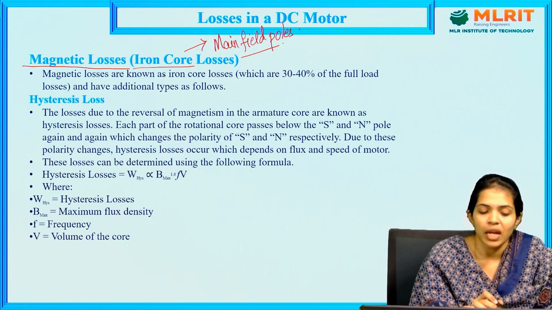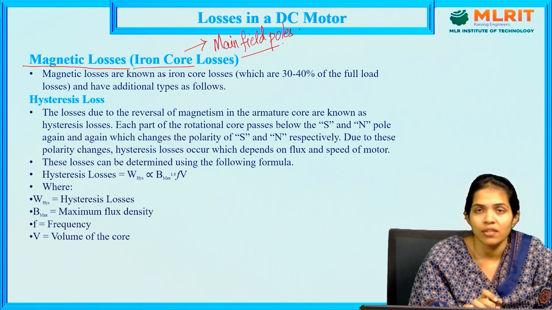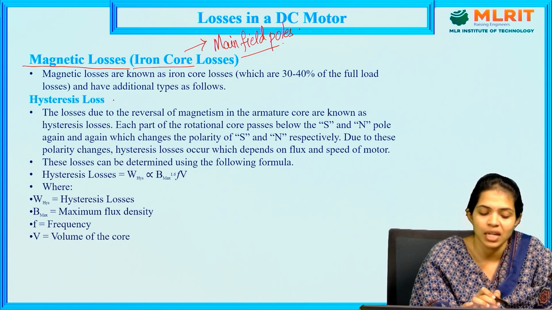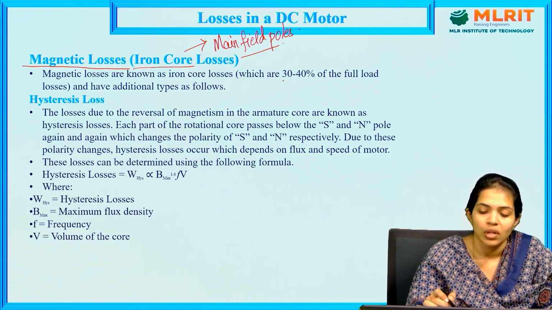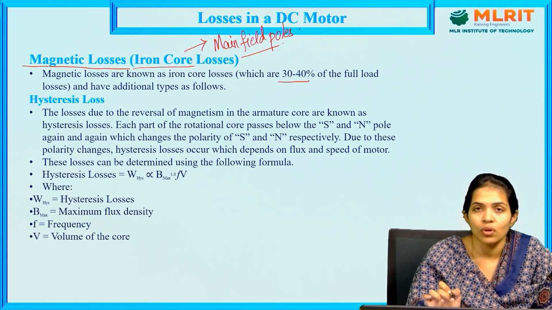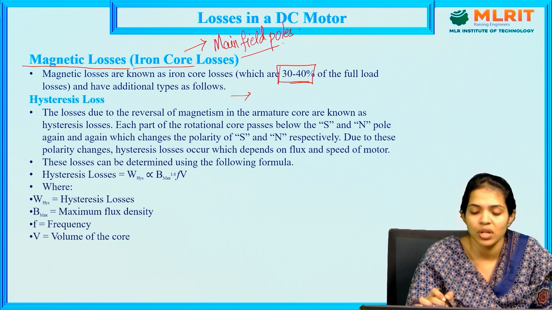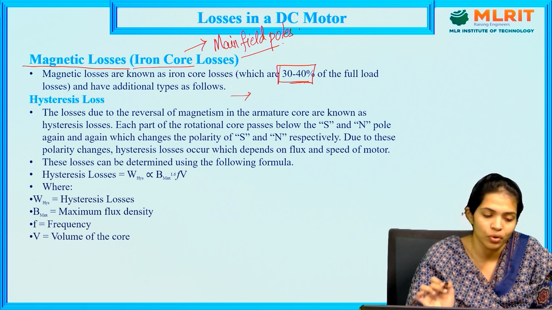These magnetic losses are further classified into two types: one is hysteresis loss and the other is eddy current loss. These iron losses or core losses constitute 30 to 40% of the full load losses. Out of the total losses occurring in the DC machine, the magnetic losses constitute about 30 to 40% of full load losses.